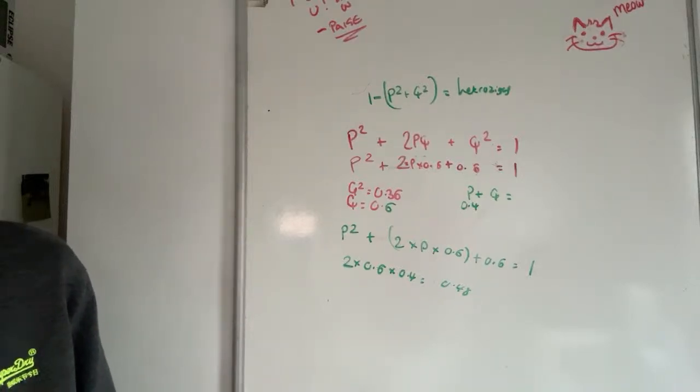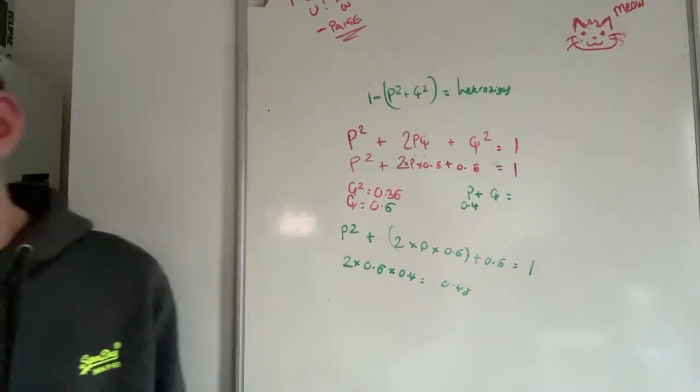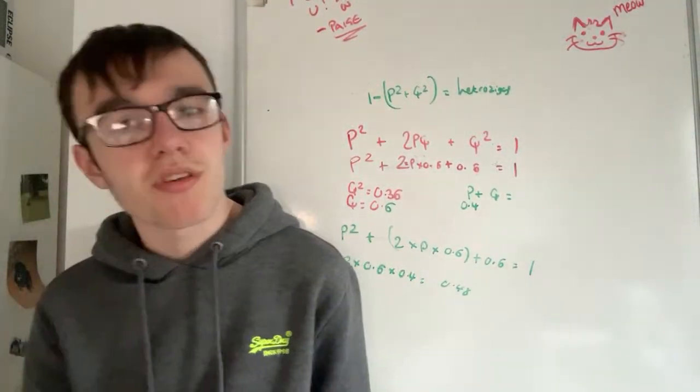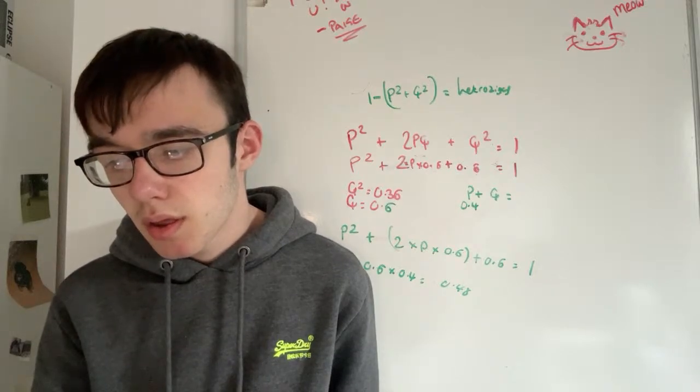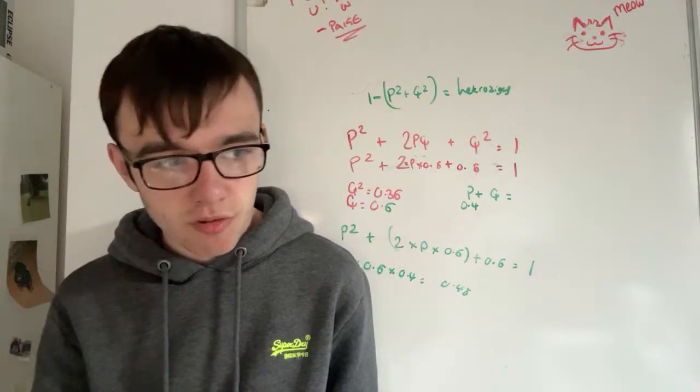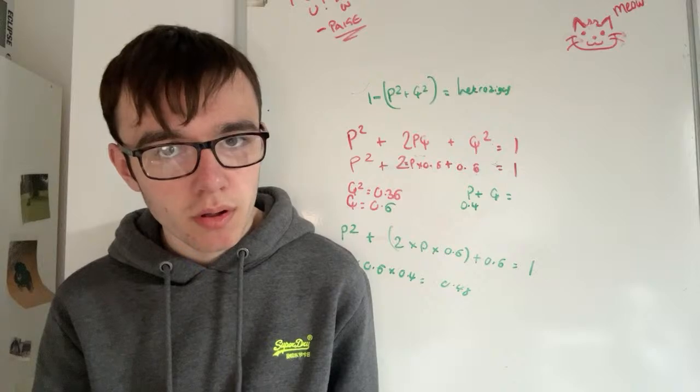Can't figure out how to get the answer. I know how to get q is 0.6. I get to that point. So then just p plus q equals 1?